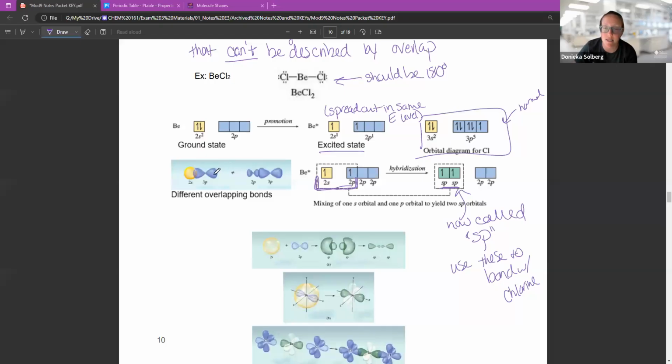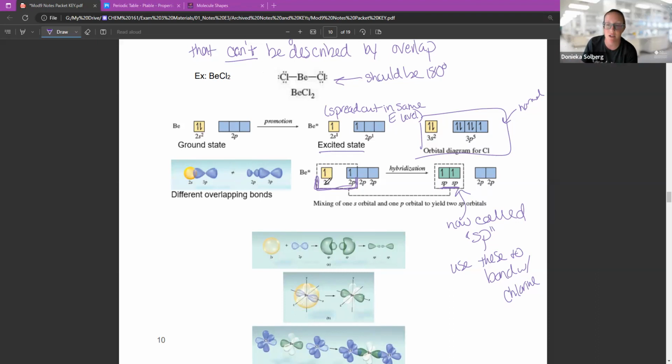The problem with this is that these aren't the same. Notice they're not equal, but these bonds should be exactly the same. So how is this going to happen? What happens, like I said, is one of these electrons gets promoted into here. And now these two orbitals are going to be hybridized. They're going to come together and become new orbitals.